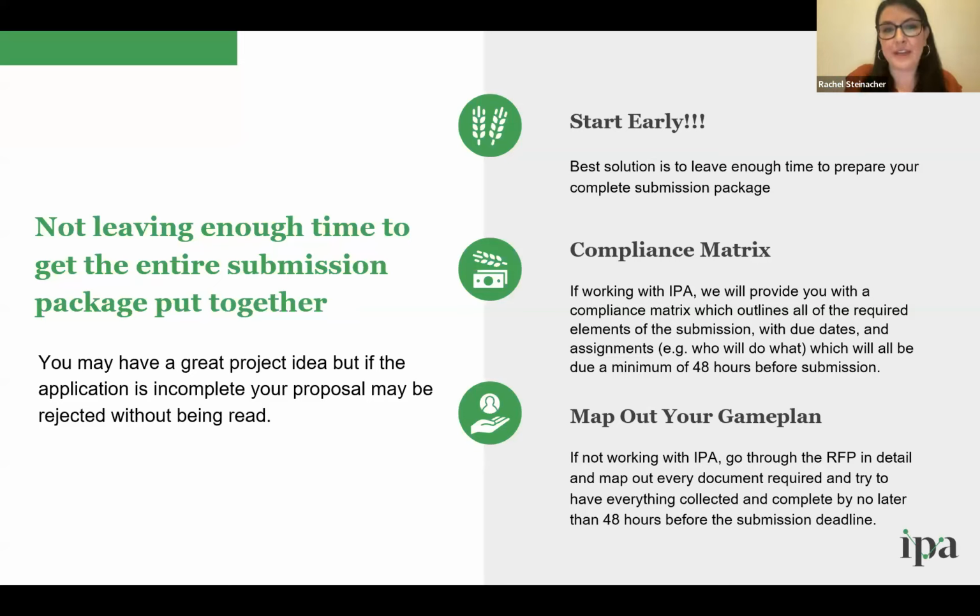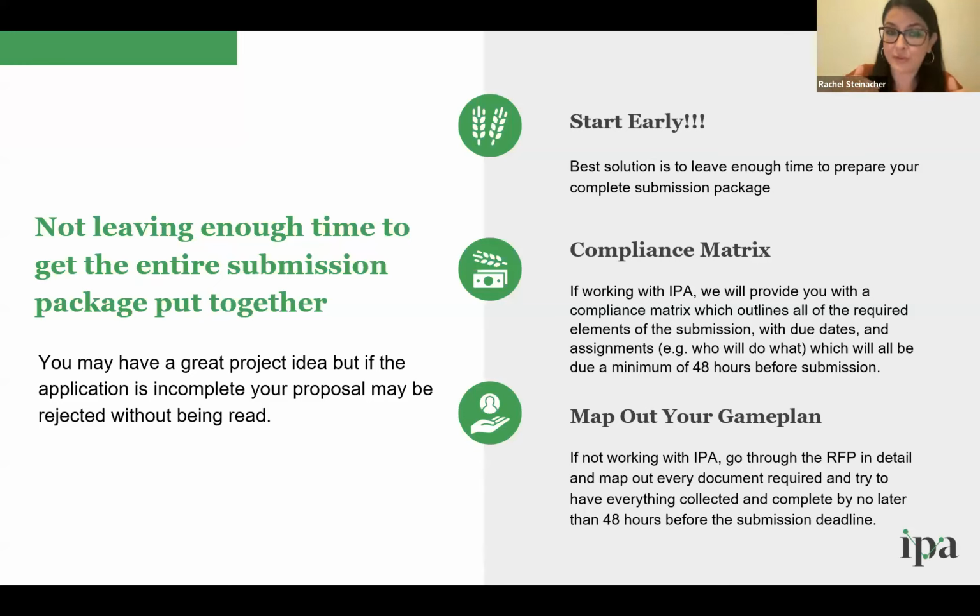If you're working with IPA, we will provide you with a compliance matrix, which basically outlines all of the required elements of the submission, all of the different deadlines and draft deadlines, assignments of who will be working on what, and everything will be due a minimum of 48 hours before the donor's deadline, which really helps with keeping things organized. I'd say if you aren't working with IPA, try doing the same.